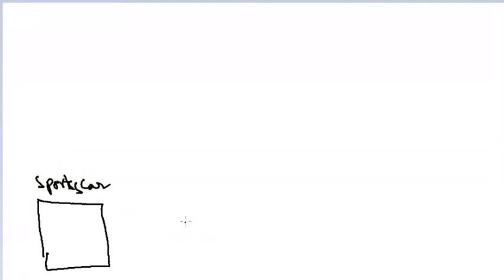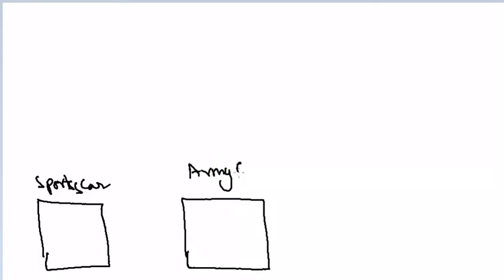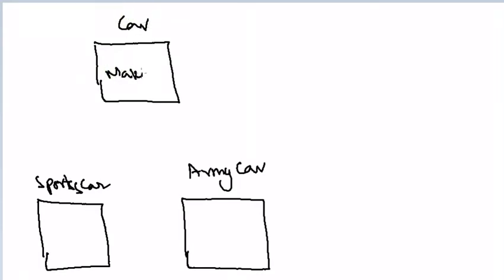So in our example, we will have one class to create, let's say, the sports car class. The other class will be called army car, and a car interface with a function, let's say, make car.